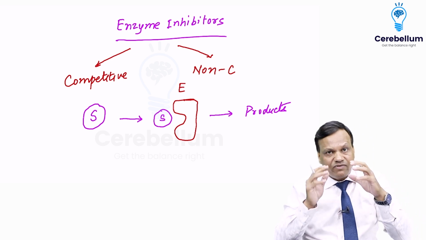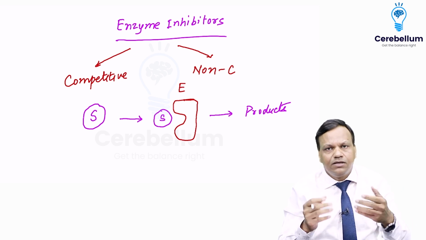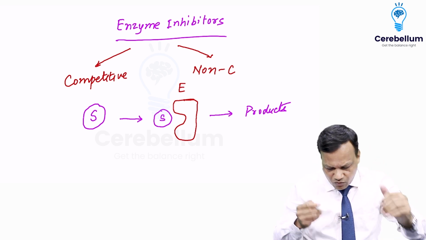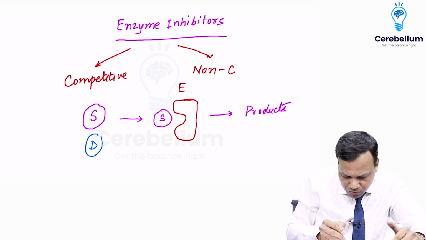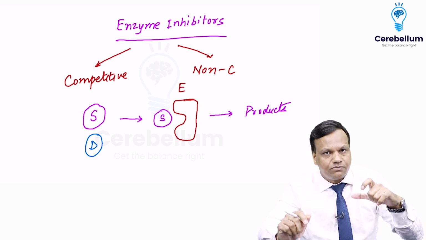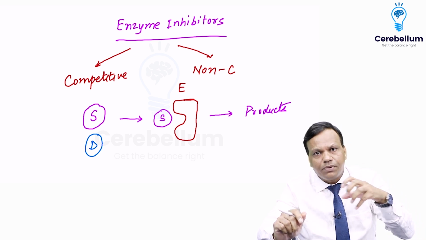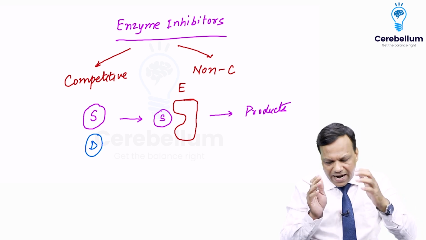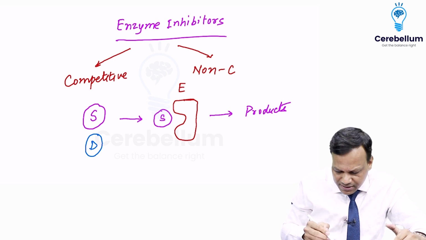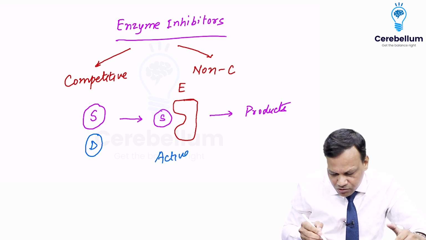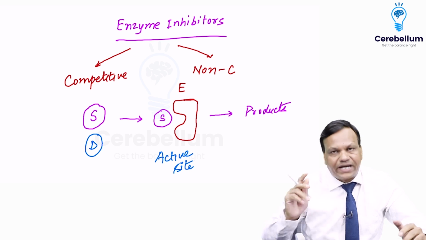As the name tells, there will be competition between substrate and the drug. We have given a drug whose chemical structure is similar to the substrate. Because the chemical structure is the same, there is competition. Now both substrate and drug are trying to bind to the same place, the active site.